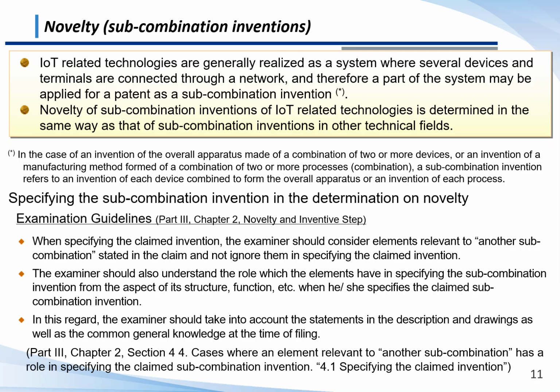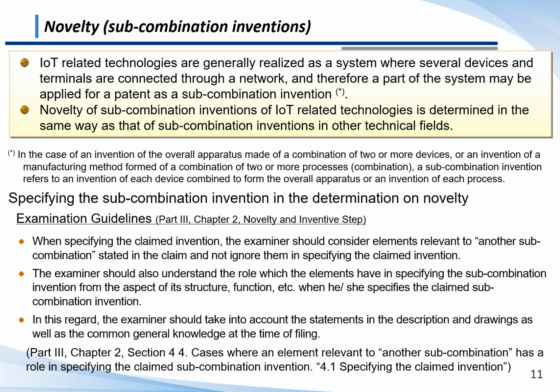Novelty of subcombination inventions of IoT-related technologies is determined in the same way as that of subcombination inventions in other technical fields. From here, we will explain how subcombination inventions are specified for novelty determination, based on the examination guidelines. When specifying the claimed invention, the examiner should consider elements relevant to another subcombination stated in the claim and not ignore them in specifying the claimed invention.